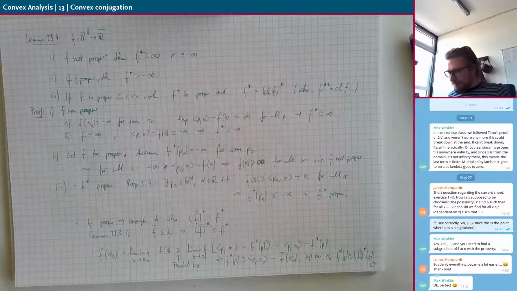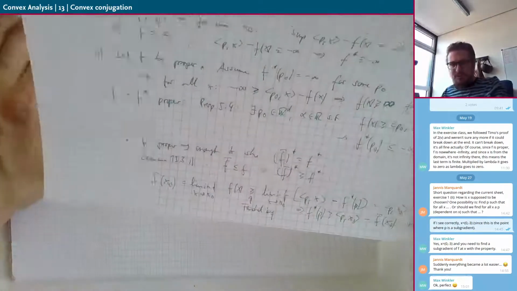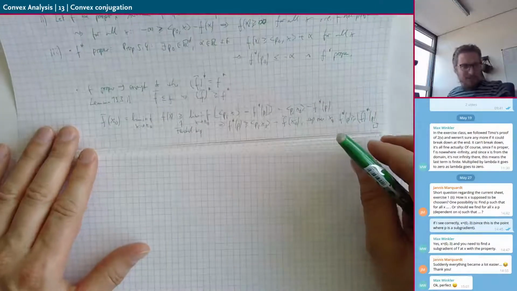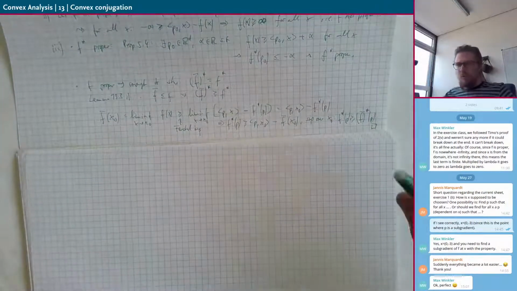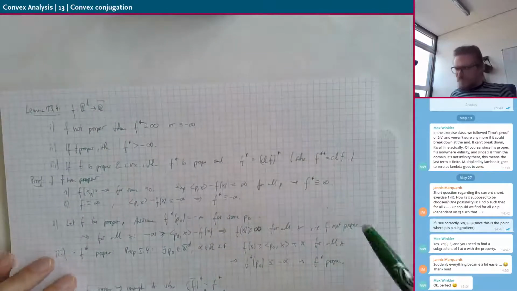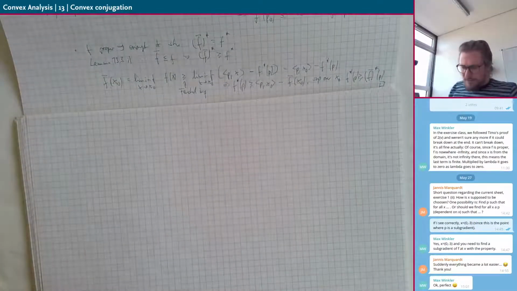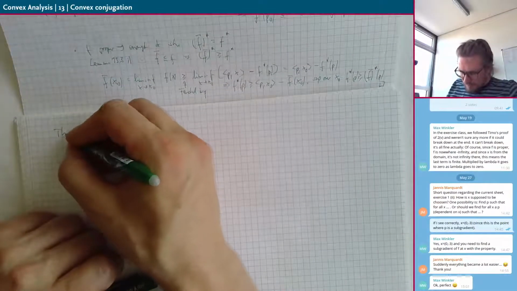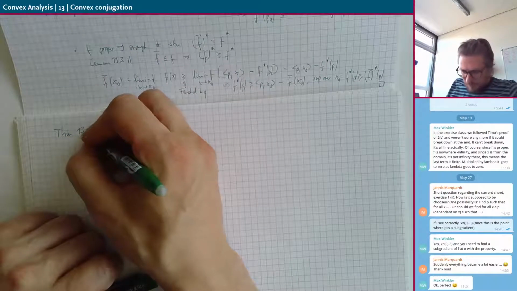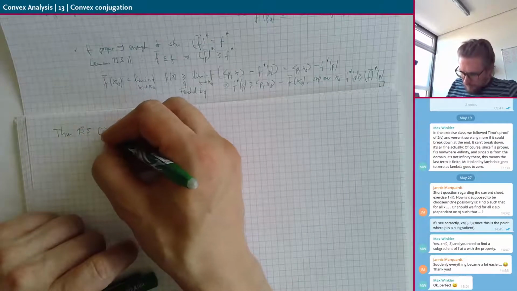So maybe I first write down the next theorem, and then show you how this theorem would then imply this fact here, and then prove the theorem. So the last theorem is kind of a major result, 13.5, and this is the so-called Fenchel-Moreau theorem.